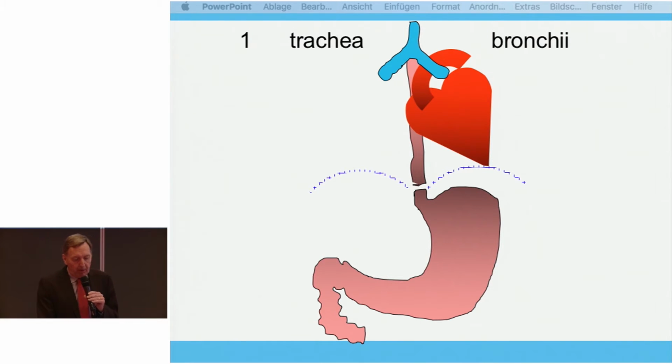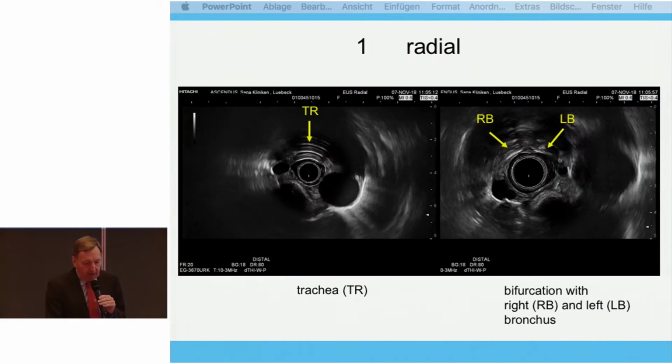Very important point is as well the trachea and the bronchi. You know that air is the enemy of ultrasound, but you can see the trachea with a very typical image with the reverberation artifacts of the trachea. And if you move down the radial scanner a little bit, you see the bifurcation.